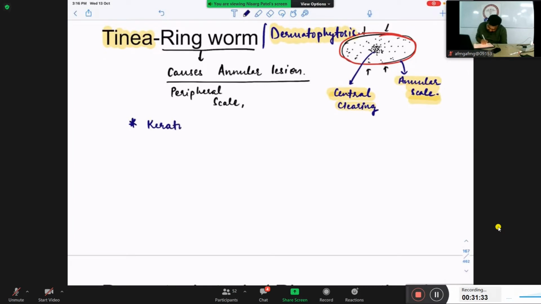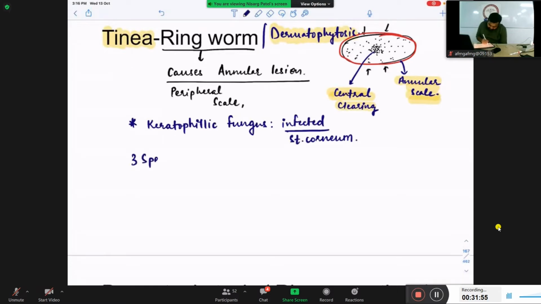These are keratophilic fungi. So which layer is infected? It will infect mainly the stratum corneum.